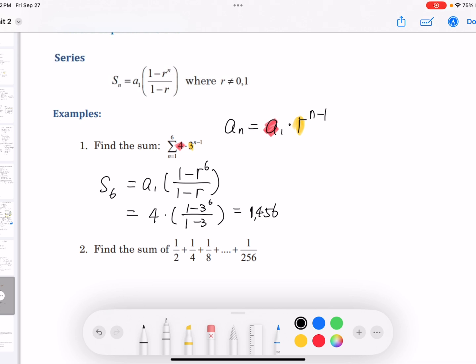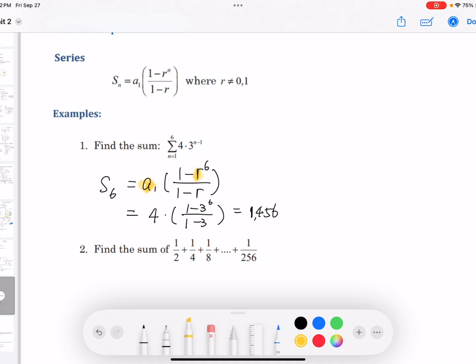And some of you say, I forgot the formula here. I didn't realize this is the a sub n, the geometric sequence nth term. What should I do? If I don't know this, but I still think this is a geometric sequence or geometric series, I'm going to find the a sub 1 and the r.